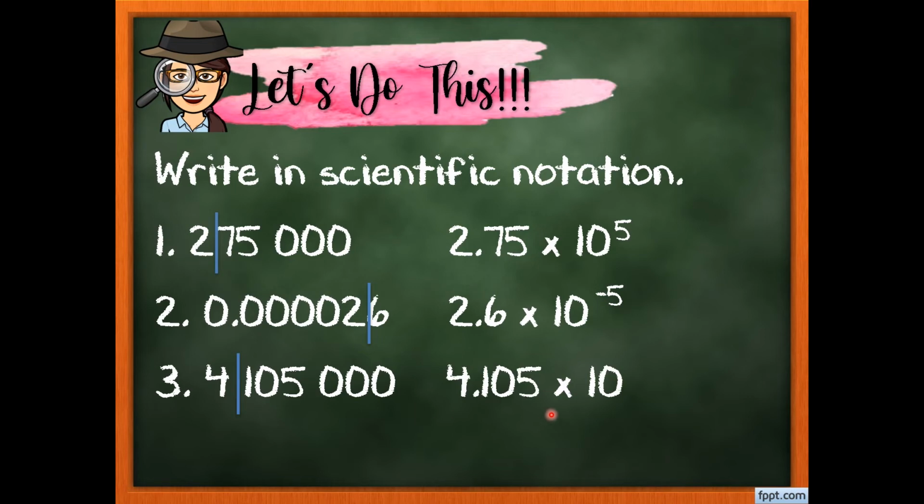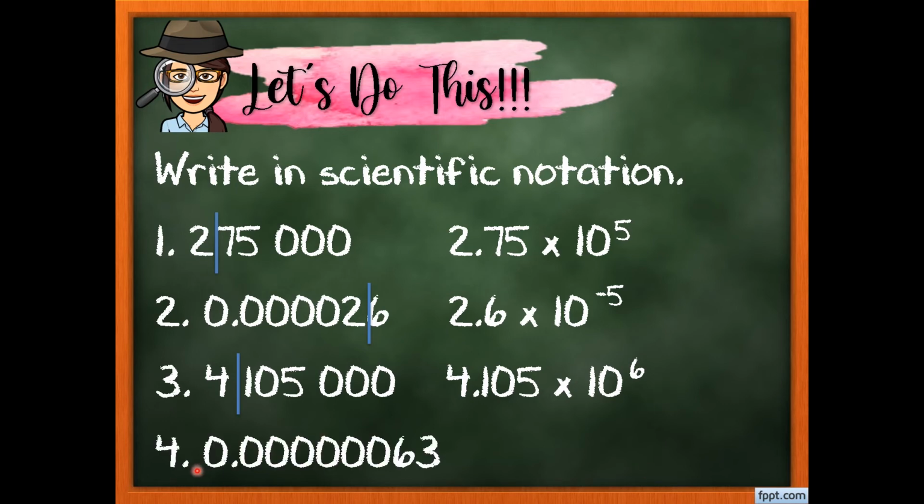Then multiply it by 10. Hindi siya pwedeng 41.05 or 410.05. Dapat, to the left of your decimal point, meron lang tayong non-zero digit. Numbers between 1 to 9 only. Then, let us count the number of places we move the decimal point. So, 1, 2, 3, 4, 5, 6. So, that is equal to positive 6.